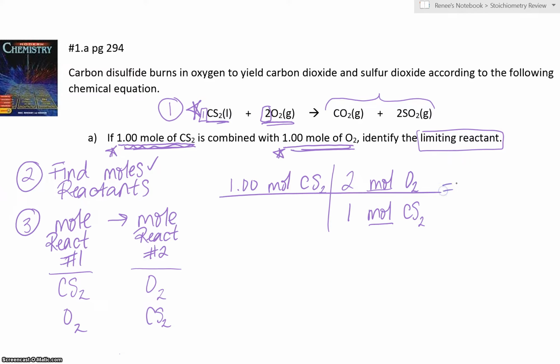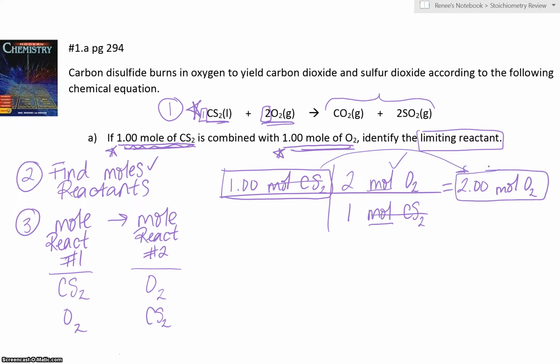Our moles of carbon disulfide cancel, leaving us with moles of oxygen. 2 times 1 is 2. So 2 moles of oxygen. What this is telling me is that when I have 1 mole of carbon disulfide, I need 2 moles of oxygen to react perfectly.